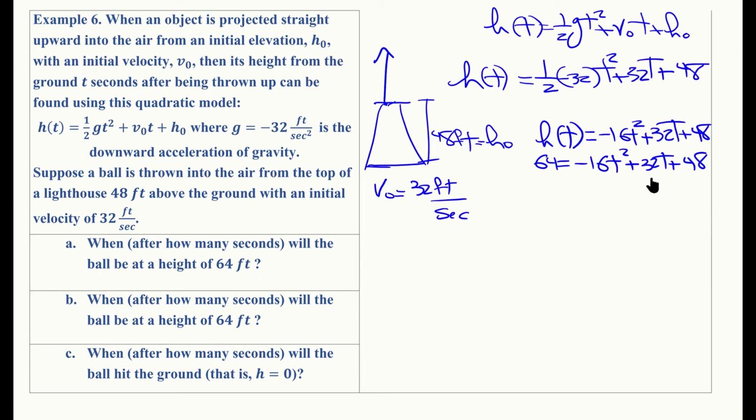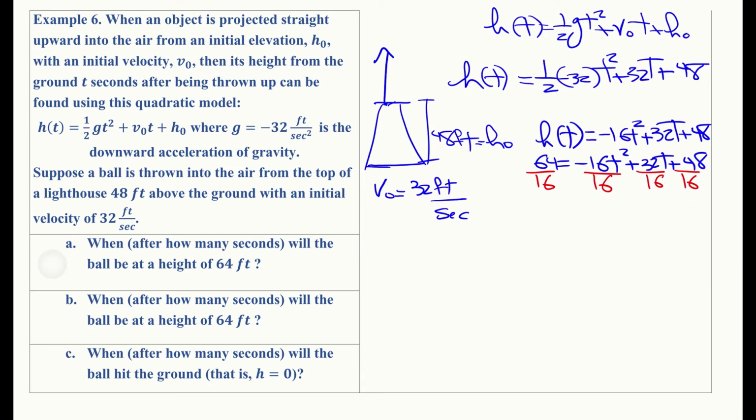And I notice right off the bat that 16 goes into every one of these numbers. So it'll be really nice if we can go ahead and just get rid of it right away. So we're dividing both sides by 16. Then on this side, because it's a sum, it splits up like this.